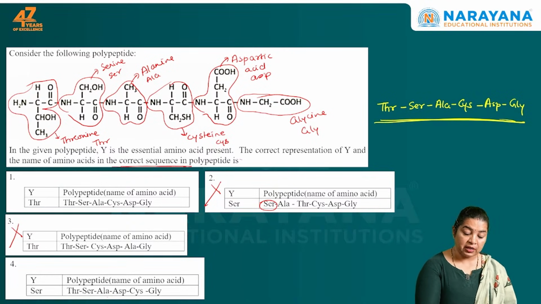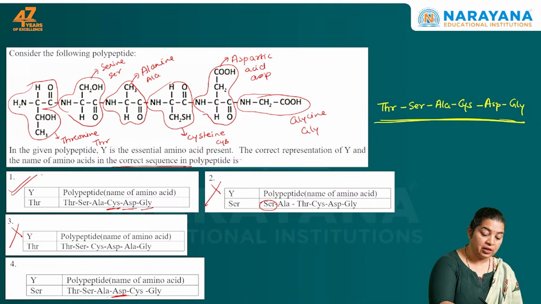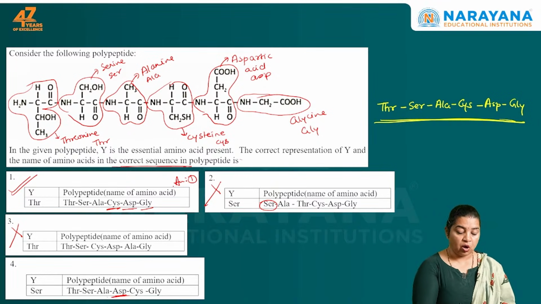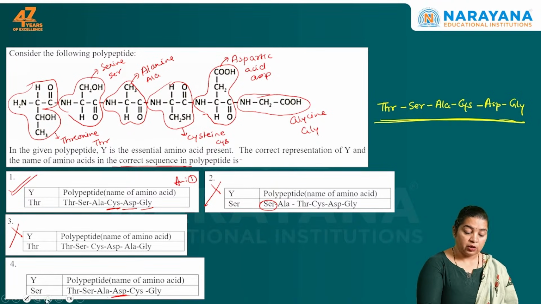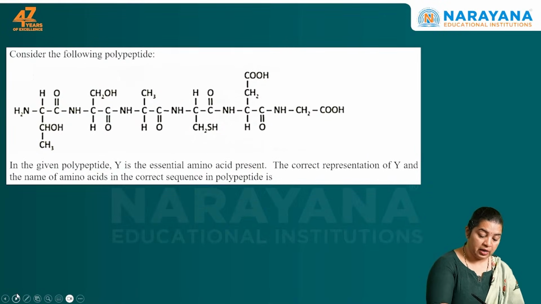Alanine, after alanine we want CYS, cysteine. So, this is the one. Here it is aspartic acid. Cysteine, after that aspartic acid and then glycine. So, the answer for this question should be the first option. Okay. Let us conclude one more time.